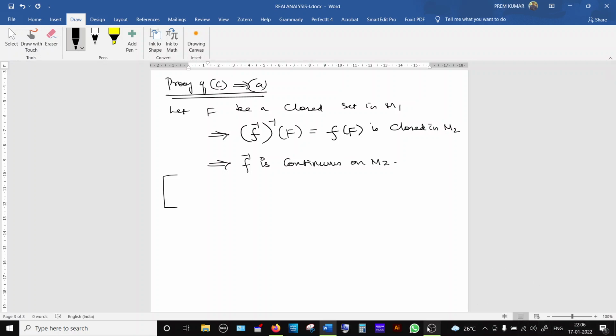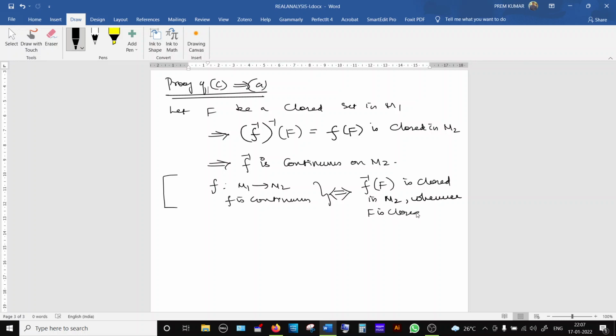See, just now how we got this result is, previous to this theorem we have proved one result, that f is a function from M1 to M2 and f is continuous if and only if the inverse image of any closed set is closed in M1, whenever F is closed in M2.